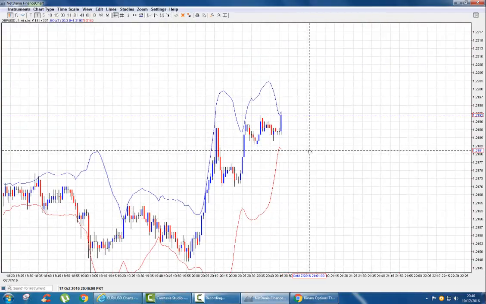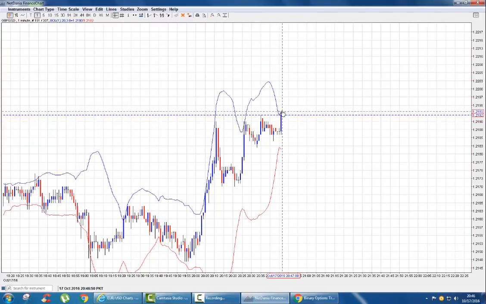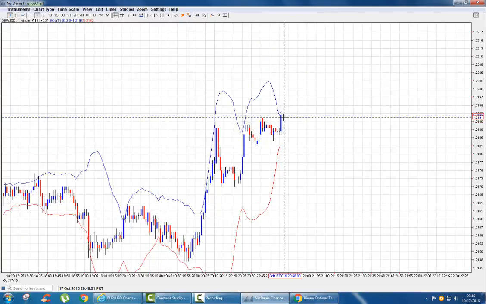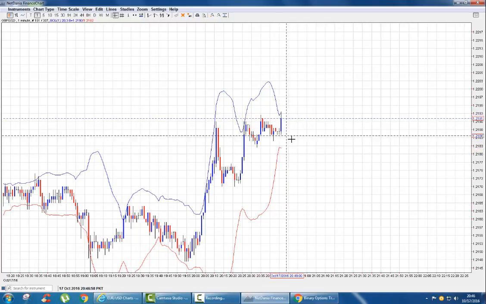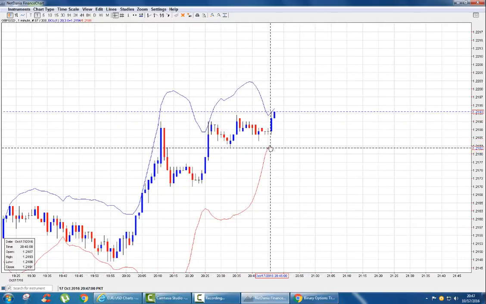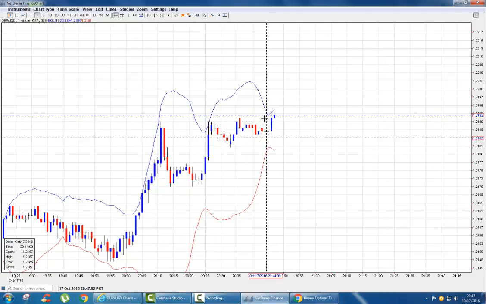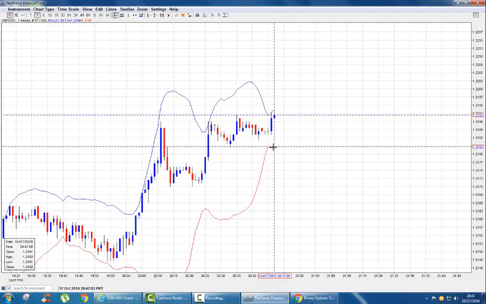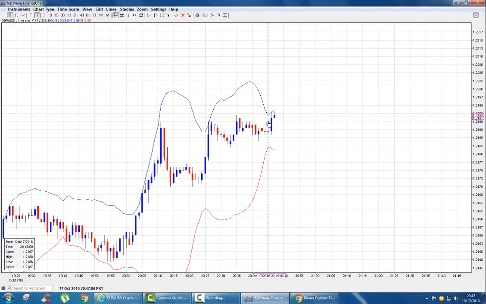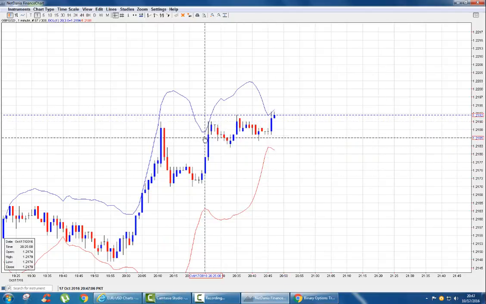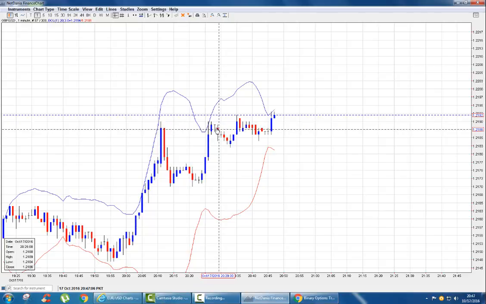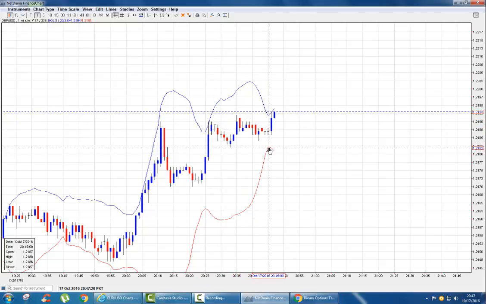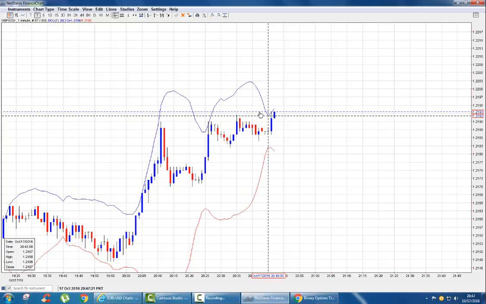Now that's what I'm talking about. There's going to be a reversal here, but since the distance between the candles is not that much, we're not sure. This distance has to be bigger than this. If we were at this position, I would have entered trading. But here I'm not, because the lower band is pretty close to the upper band.